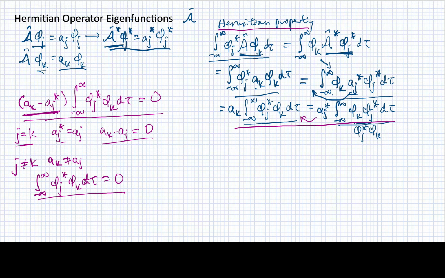Well, this is basically telling us something about the relationship between these two eigenfunctions. And in particular, what it's telling us is that these two eigenfunctions have a property that we know of as functional orthogonality.